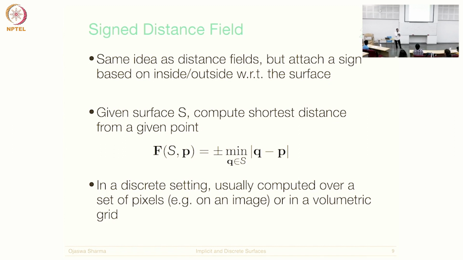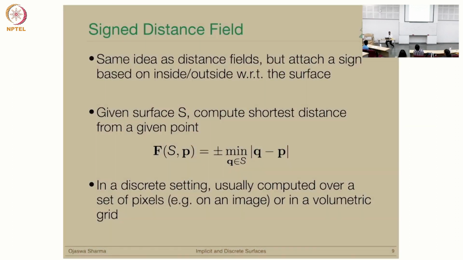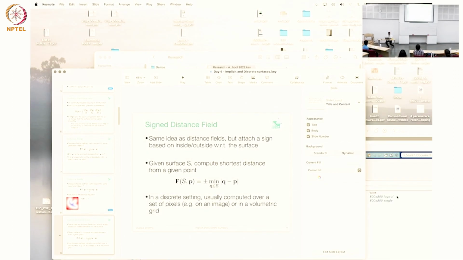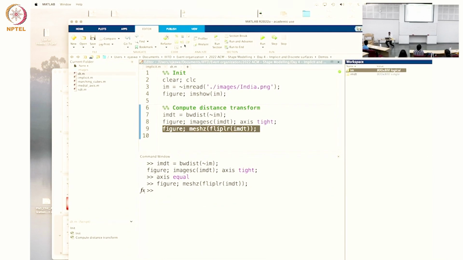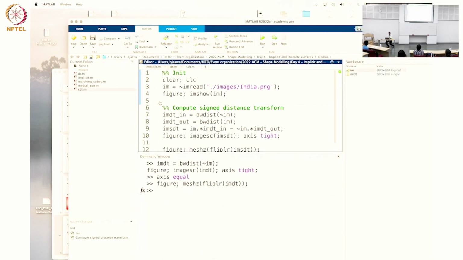It is useful because now the distance field is an implicit function that has a 0 level set. Why? Because it has values going negative and values going positive, and there's going to be a 0 level set which is exactly the shape's boundary. Okay, you want to see that? Maybe a quick demo? And then we could completely skip these equations because there's nothing much there, but I think a demo is needed.